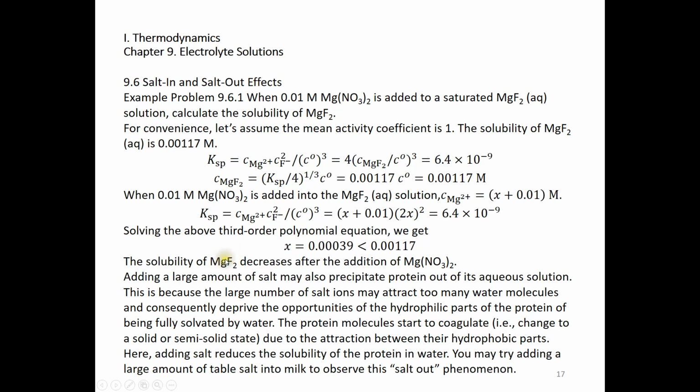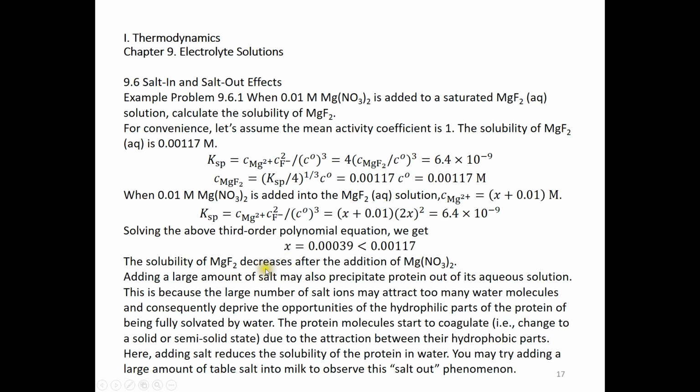By adding additional magnesium 2 plus, this solution should move in a direction to reduce magnesium 2 plus, right? So the system responds in a way to cancel out the external effects. That way we have a reduced solubility of magnesium fluoride.